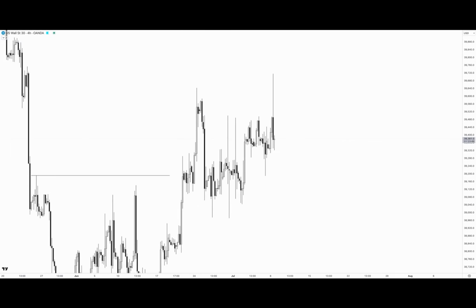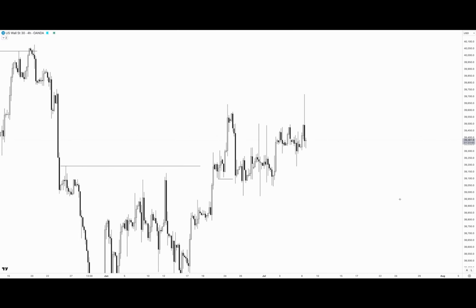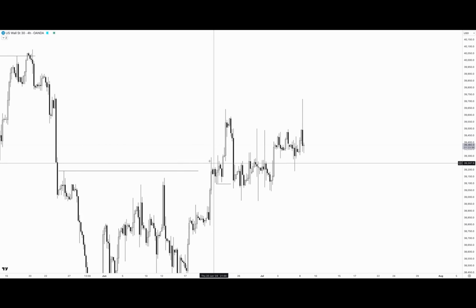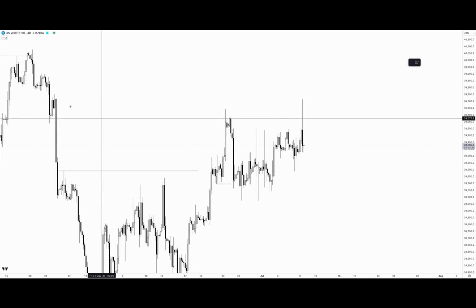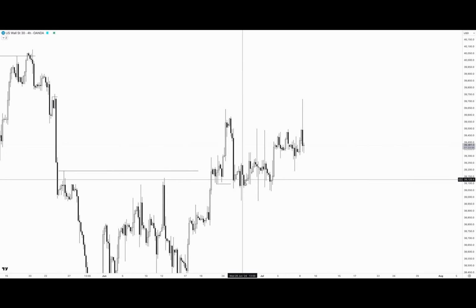So the market builds liquidity there, and all the market does is come into this liquidity block right here on the 4-hour time frame, and then start moving lower.